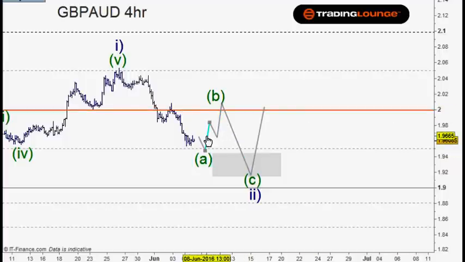So we'll be looking at an A, a B and a C, a 5, 3, 5 structure, and then 5 waves down here. Because we've got 5 here, we're going to get 5 here. So we'll be looking to purchase in here quite nicely. You could probably trade the 3rd wave in here. Out of all of this, the 3rd wave down will be the one to trade.